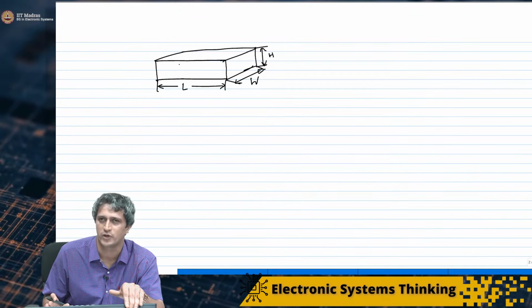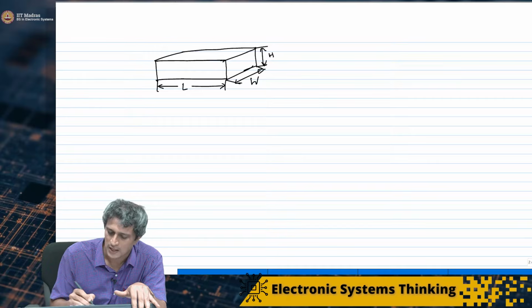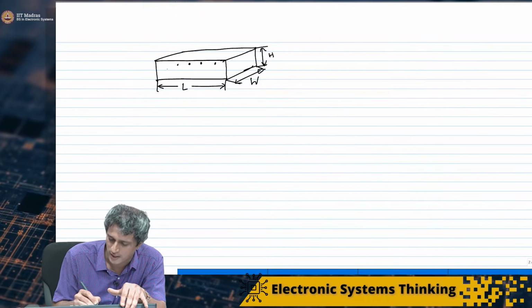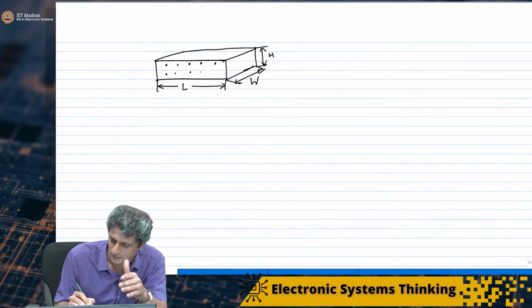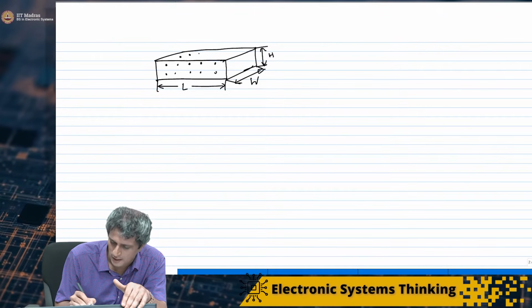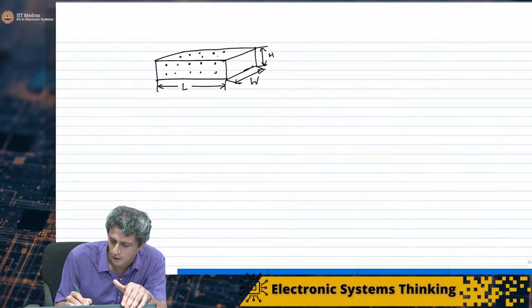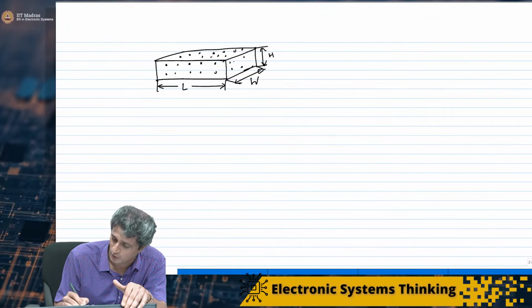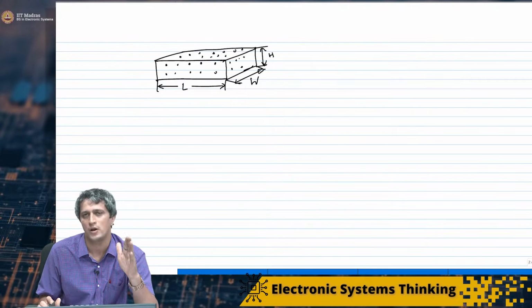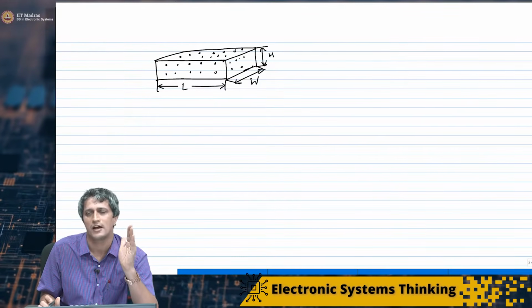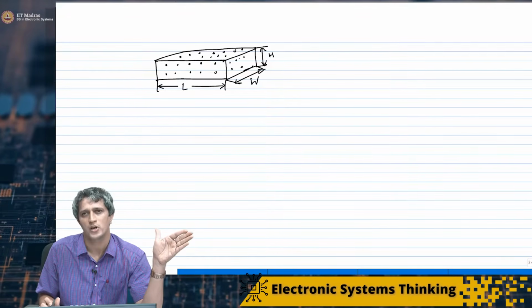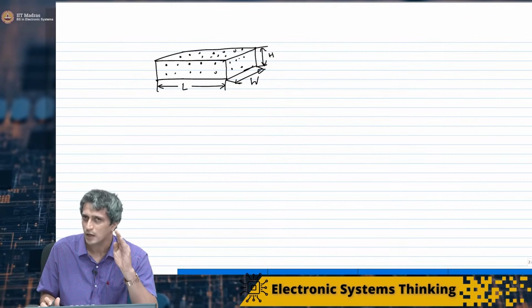If I look at this conductor without applying any potential, there are a lot of free electrons sitting here with a certain density. There are numerous free electrons at room temperature. At 0 Kelvin, by the way, there will be no free electrons. A free electron is an electron that is available for conduction, so when you apply an electric field, it can move and constitute a current.